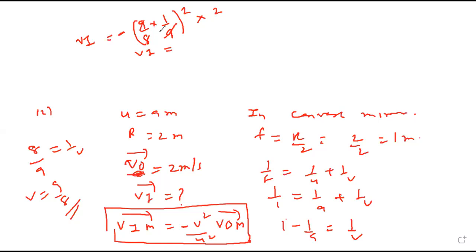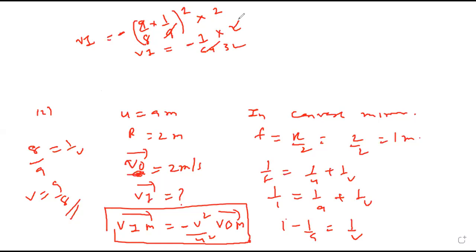V of image will be minus of 1 upon 64 into 2, that is 2 upon 32.